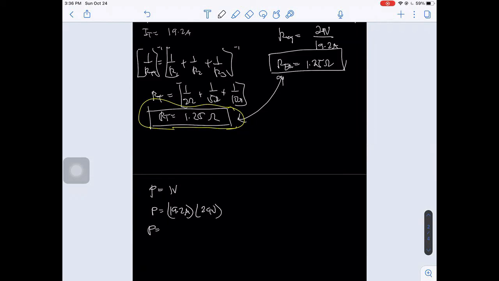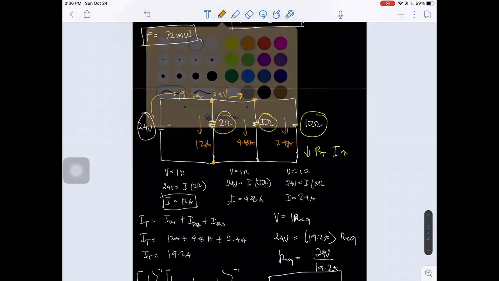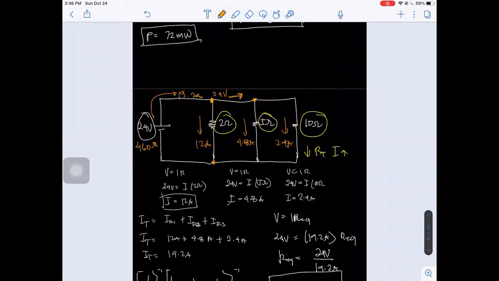Power is now 19.2 times 24. So that is 460.8 watts that is delivered from the battery.